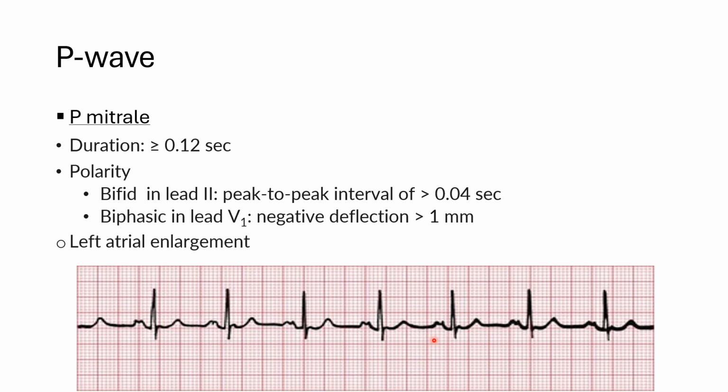Normally there is a slight delay between right atrial depolarization and left atrial depolarization, but it is not evident on P wave much distinctively. So if there is peak to peak interval of greater than 0.04 second, delay between right atrial depolarization and left atrial depolarization is more pronounced.